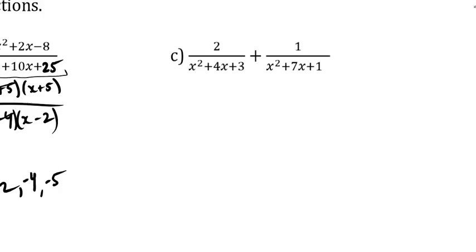Okay, one more where we're adding. Who remembers how you add fractions? Very good. How would you do it if it was just numbers? What do you need to add fractions? Common denominator. You were describing the process to get a common denominator in a rational expression.